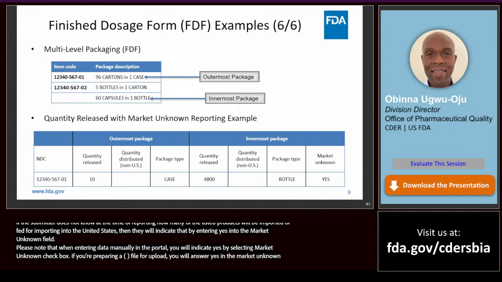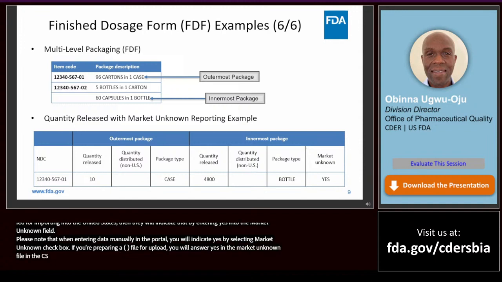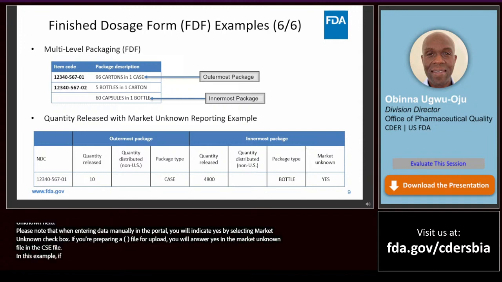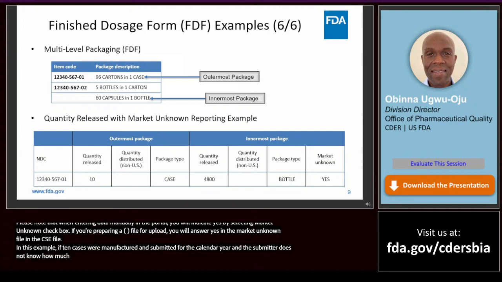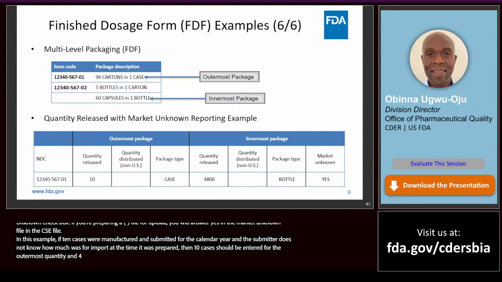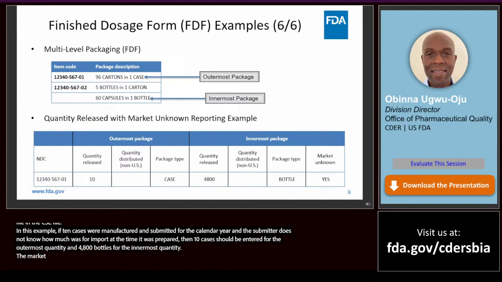In this example, if 10 cases were manufactured and released for the calendar year, and the submitter does not know how much was offered for import at the time the report is being prepared, then 10 cases should be entered for the outermost quantity and 4,800 bottles for the innermost quantity. The market unknown field should be selected as yes.